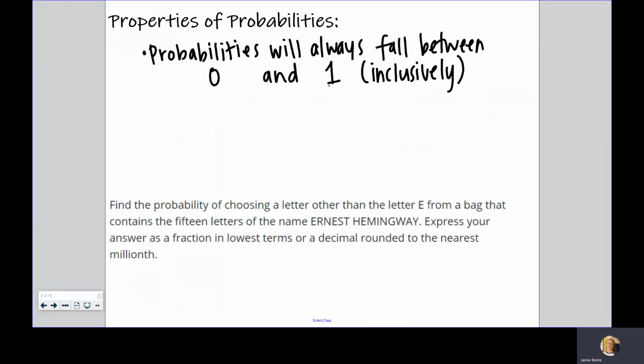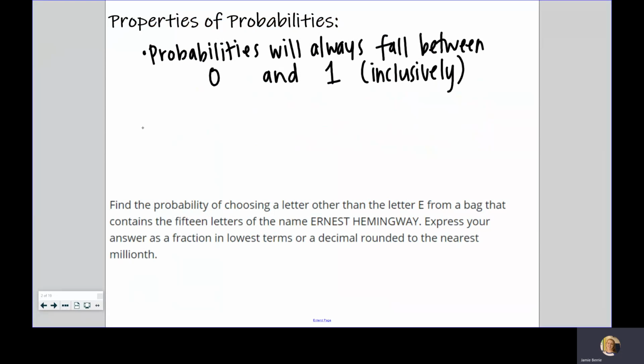The closer a probability is to 1, the more likely that event will occur. So a probability of, say, 0.8 is more likely than a probability of, say, 0.2.